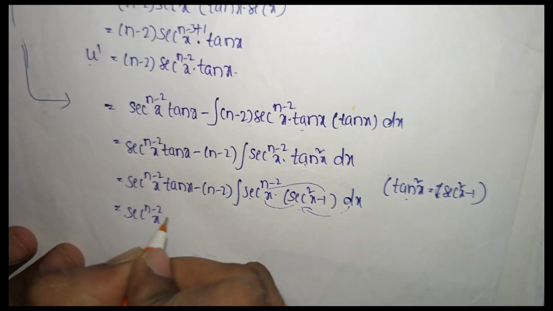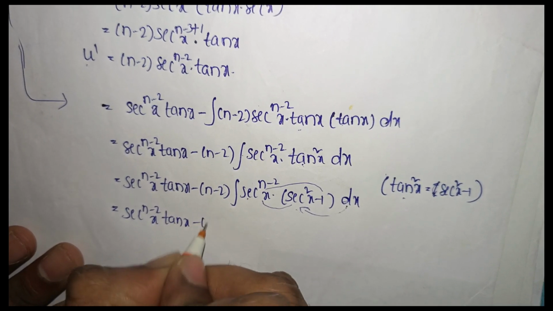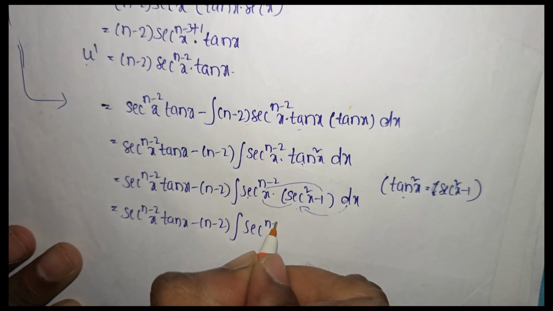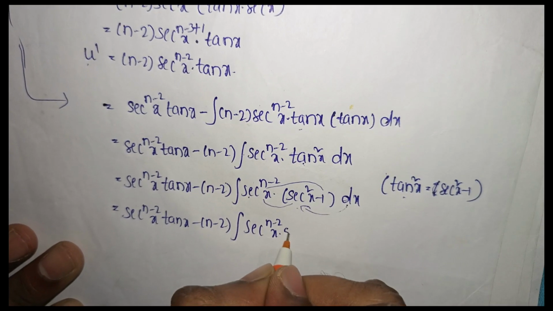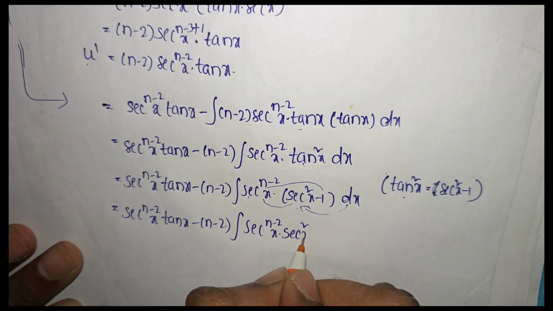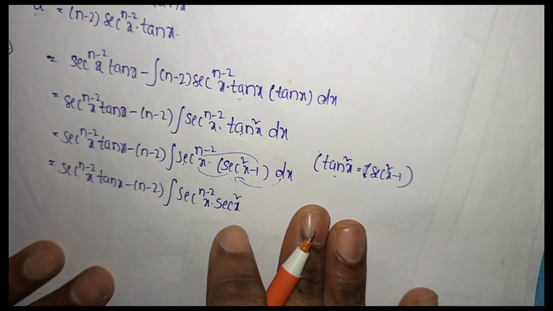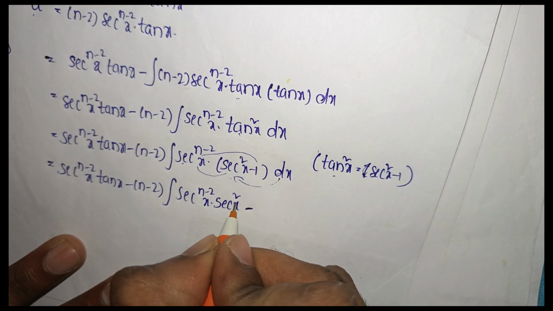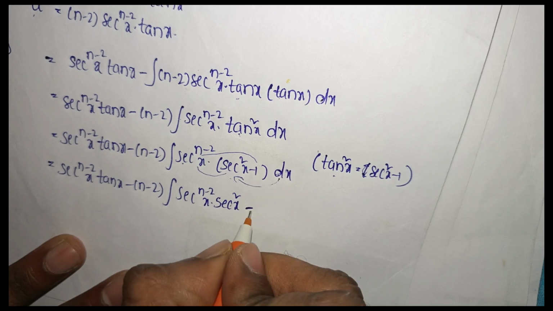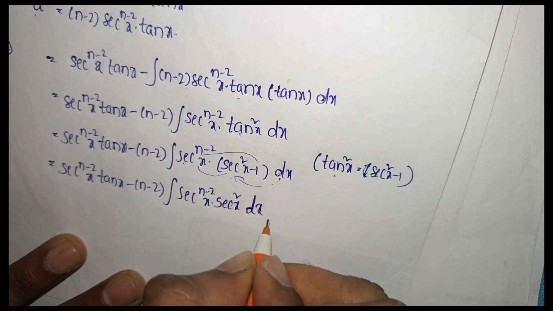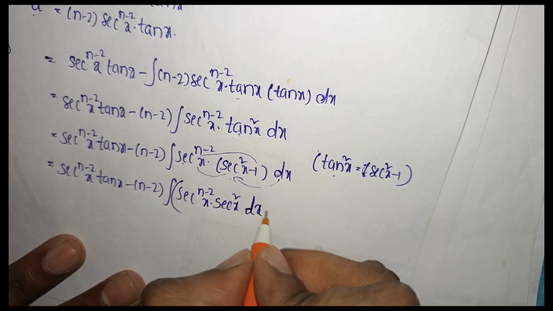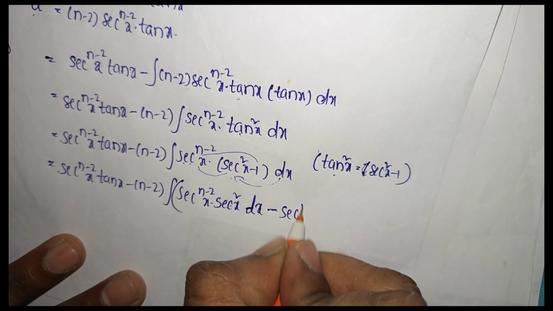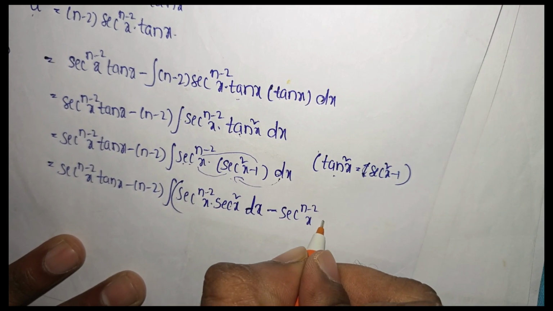Secant to the power of n minus 2 x tan x minus n minus 2 secant to the power of n minus 2 x into secant square x, right? Next, minus, sorry, secant square x, we have to multiply dx as well. Dx minus secant to the power of n minus 2 x dx.